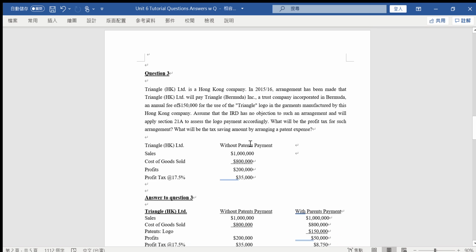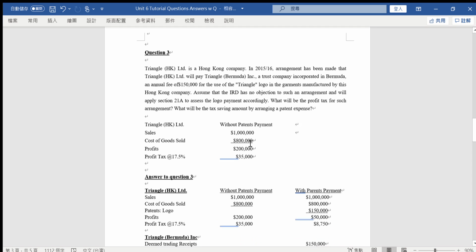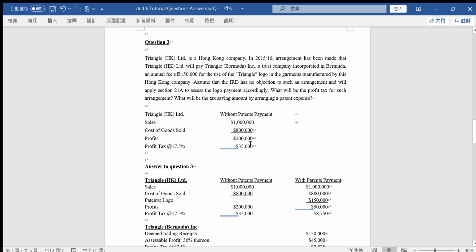Okay, then question 3, about Triangle Limited. In 2015-16, they make an arrangement and assume that they are required to pay another company registered in Bermuda with a similar name. One is Triangle Hong Kong, one is Triangle Bermuda, a company incorporated in Bermuda.